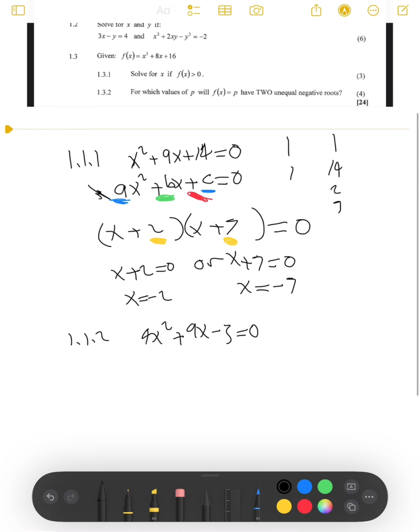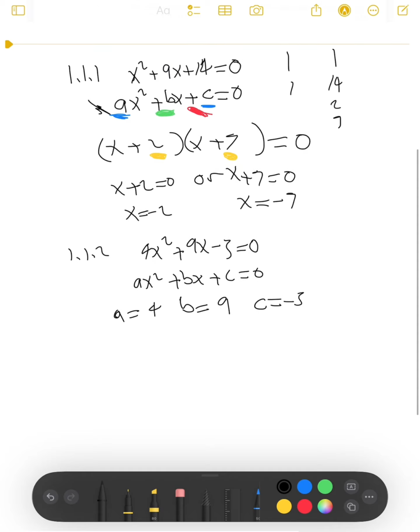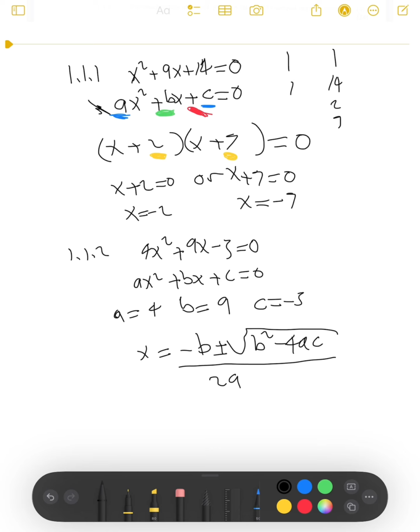So here, guys, this is the same as ax squared plus bx plus c equals 0, where our a equals 4, our b equals 9, our c equals -3. And the equation that we have to use is the one that we know from grade 11, our quadratic formula: x equals -b plus or minus the square root of b squared minus 4ac, over 2a.